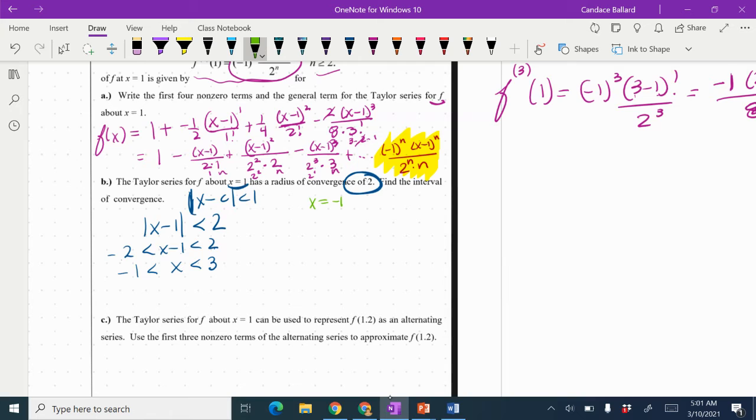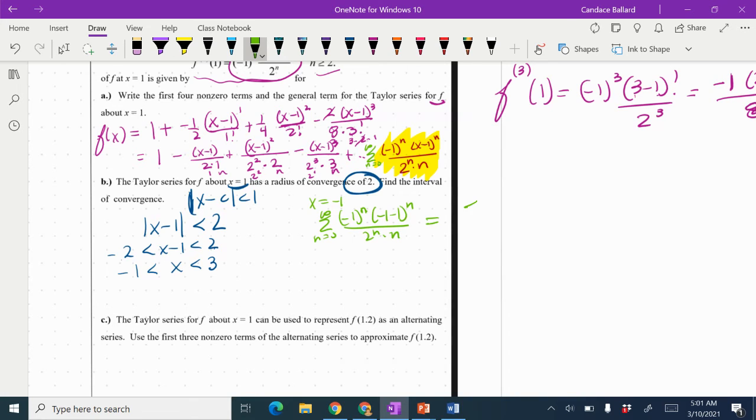Technically we had the sum as n equals 0 to infinity, so this would be the sum as n equals 0 to infinity of -1 to the n, times -1 minus 1 to the n over 2 to the n times n.